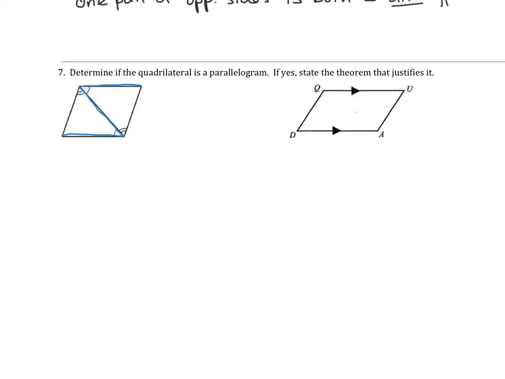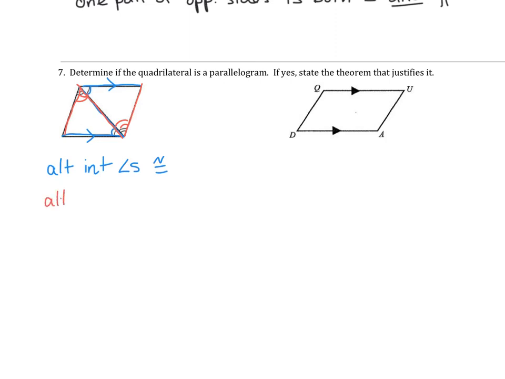So if I look at it in this way, I see that these two angles are congruent, and we would call these two angles alternate interior angles. So remember, when your alternate interior angles are congruent, that means that these two lines must be parallel. And then if I look at the same problem in terms of these two lines cut by this transversal, I see the same scenario.